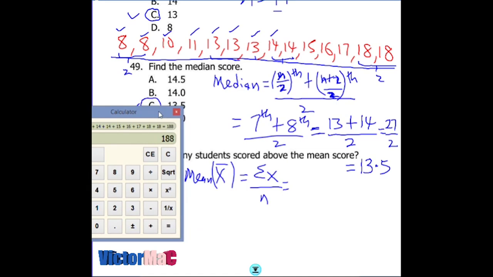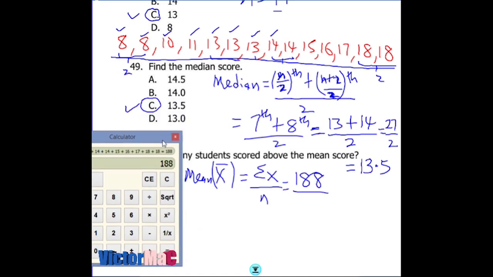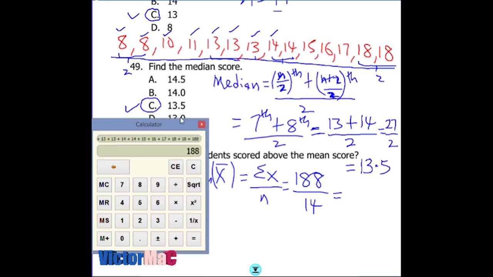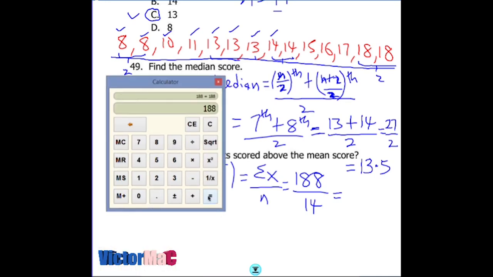So this is 188, the sum of all the scores. And then how many scores n do we have? We have 14 scores, meaning 14 students. When we divide 188 by 14, we're going to have 13.42.